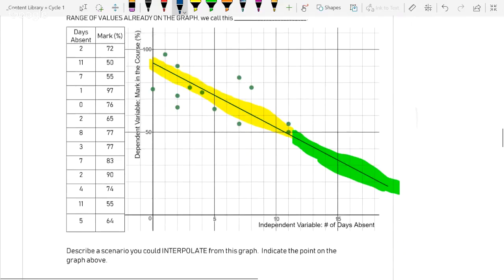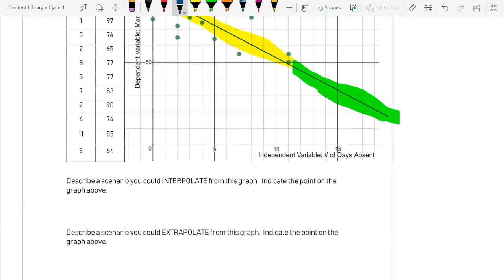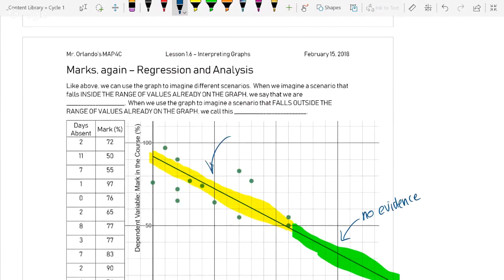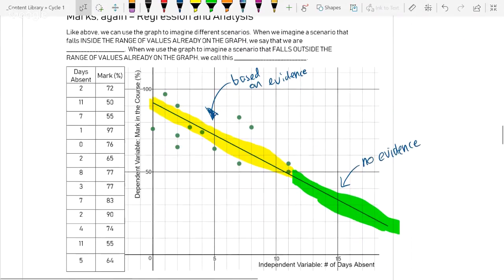Sure. But we have no evidence for this region. So there's no evidence for this line versus this part of the line, which is based on evidence. And this is an important distinction, and we're going to talk about it a lot as we go through this course.